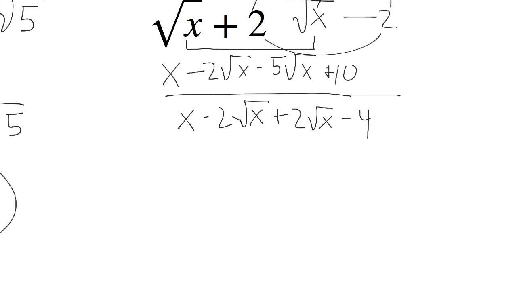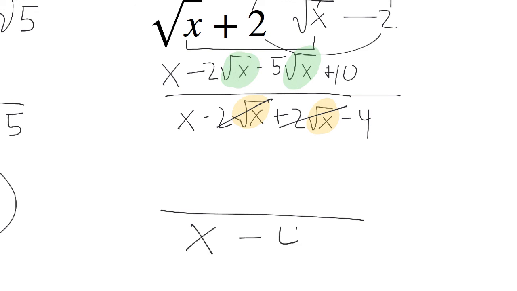We've got some like terms. In the denominator, they actually cancel out. And so in the denominator, we're just left with x minus 4. In the numerator, we have x minus 7 square roots of x plus 10.